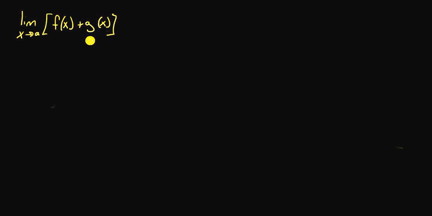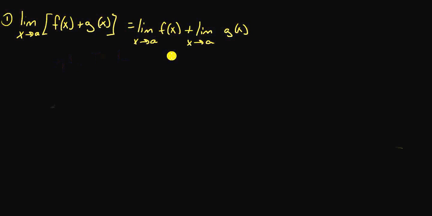What happens if we take the limit of two functions summed together? So this is just going to end up being the limit as the first function approaches a plus the limit as the second function approaches a. Nothing crazy there. Nothing spectacular. We didn't cure world hunger. We didn't cure cancer, but we're making strides to eventually do it.